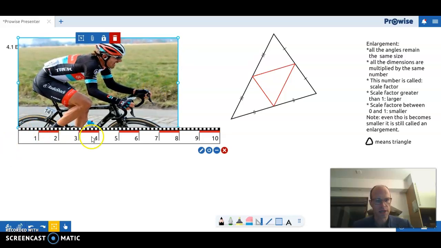So the lower side is 4 as well, and you can see it scales that the side that goes up also becomes twice as big, because if you go from 4 to 8, it becomes twice as big. That's called an enlargement. If one side is multiplied by one number, the other one is multiplied by the same number as well. And then it stays basically the same picture.